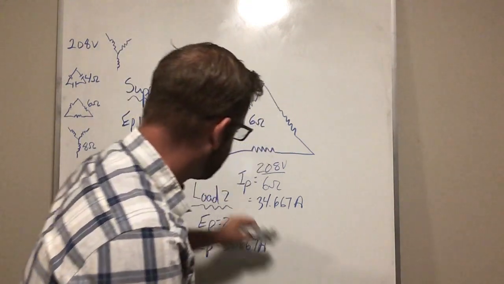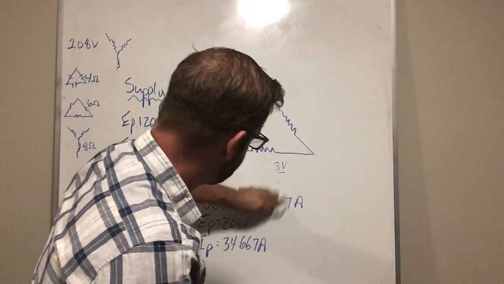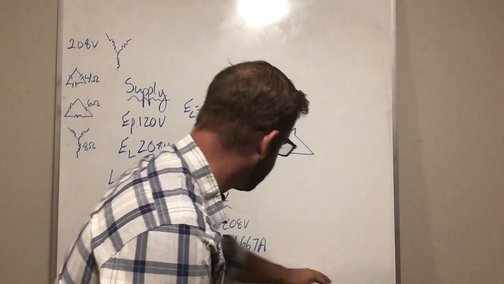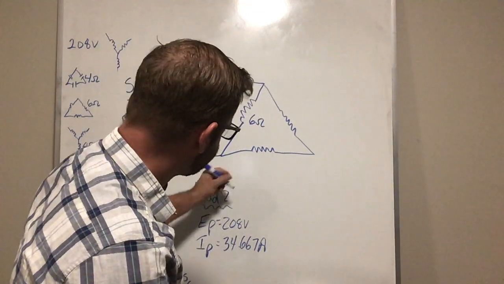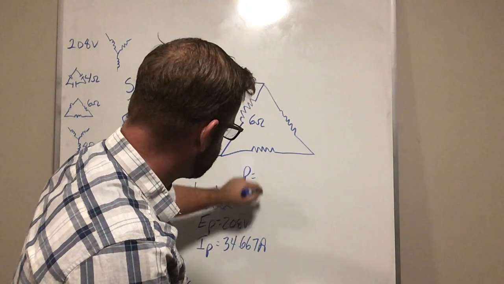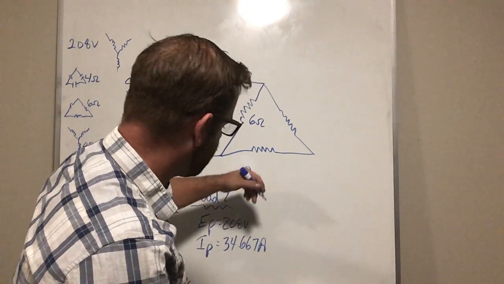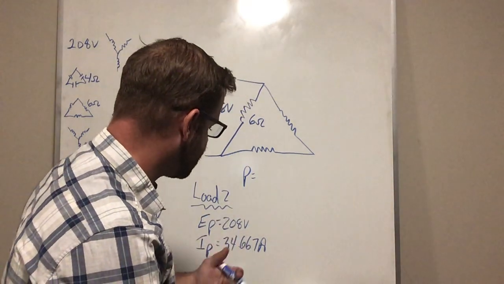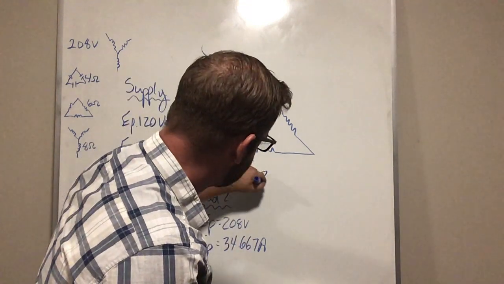And now let's calculate what our true power is, our watts. Power is equal to, and it's just the same as last time, E phase times I phase times 3.